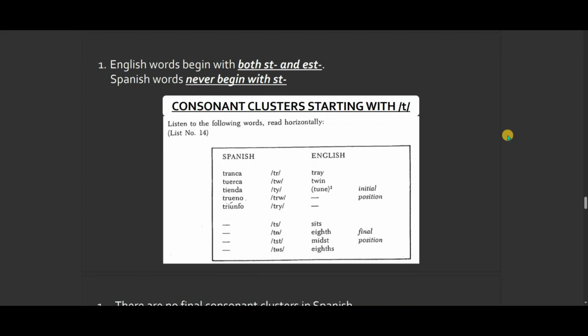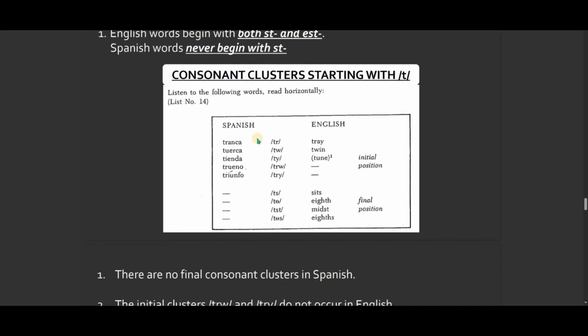We also have some consonant clusters starting with T. In the case of Spanish, we have tranca, tuerca, tienda, trueno, triunfo. We have also a couple of words in English that begin with a cluster: tray, twin, and tune.